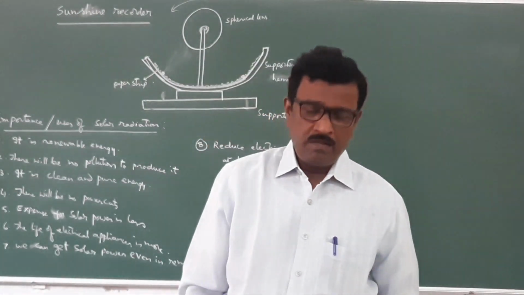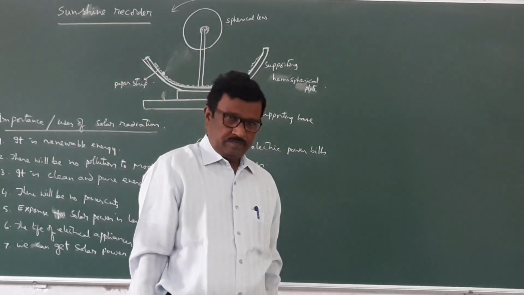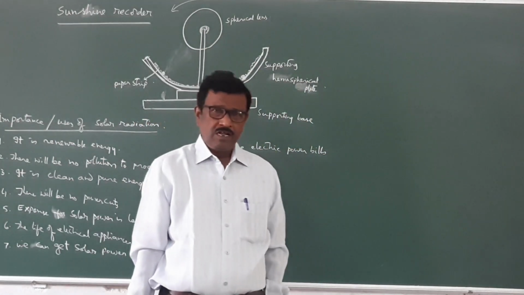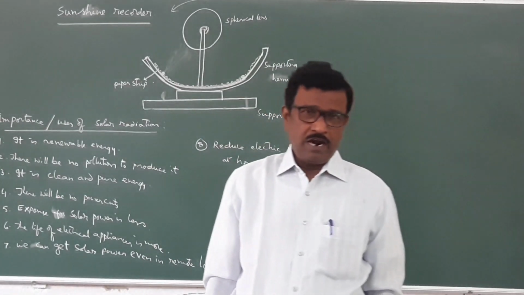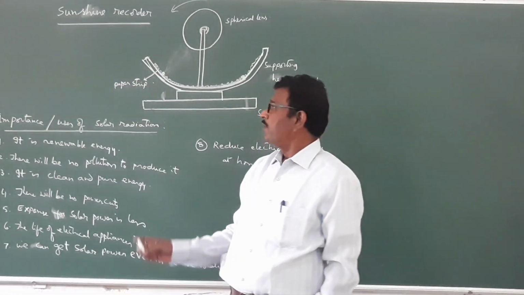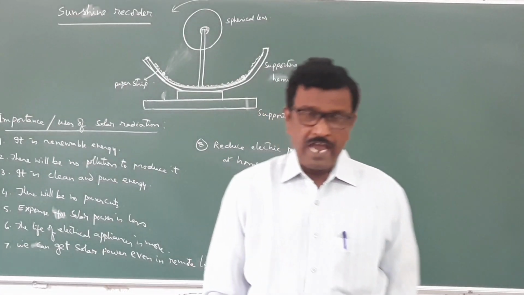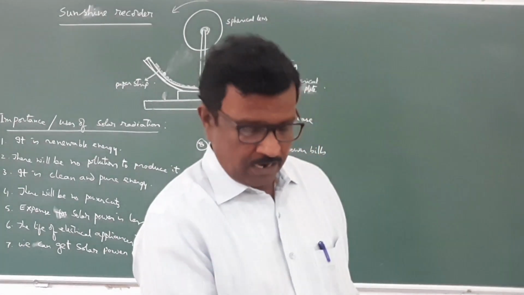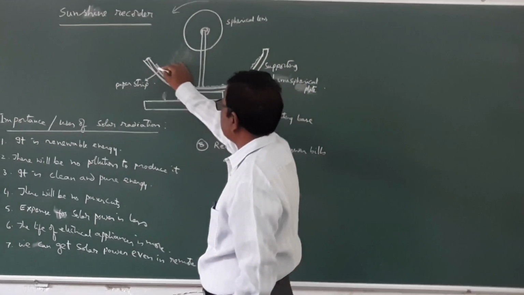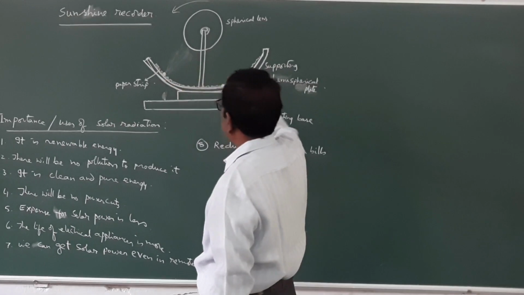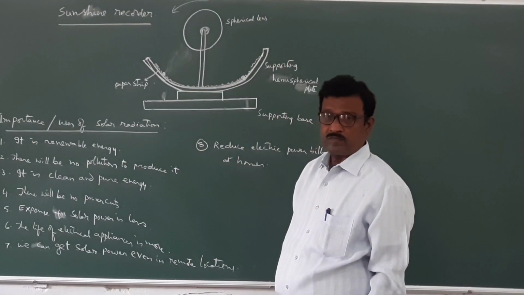Pyrheliometer and pyranometer measure the solar radiance or solar energy received per second, whereas the sunshine recorder will record the time availability of the solar energy for utilization by measuring the length of the paper strip that is burned in the sunshine recorder.